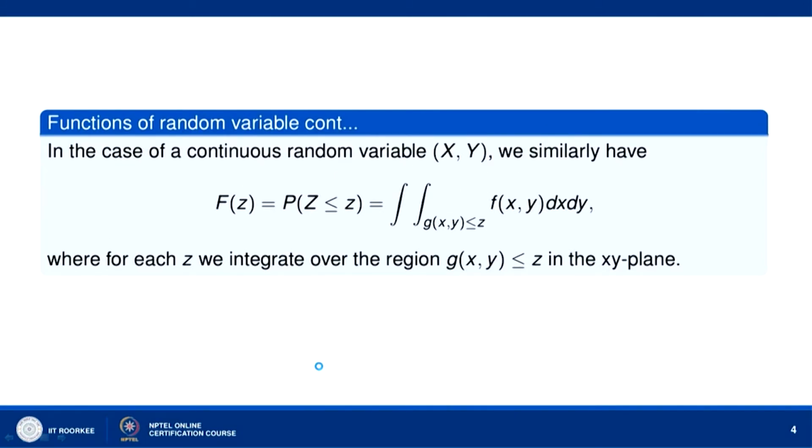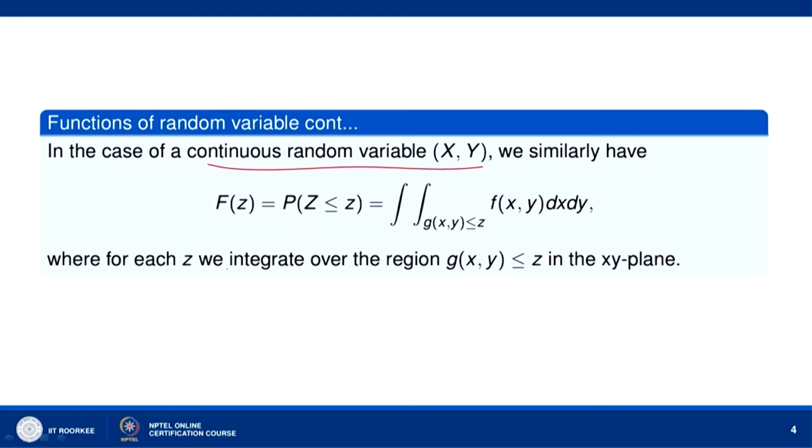Now, functions of random variable, if you consider here continuous random variable (X, Y). We earlier discussed the discrete case. Now, let us consider the case of continuous random variable (X, Y). So, we similarly have F(z) equal to probability that Z is less than or equal to z. We integrate over all those values of (x, y) which satisfy the inequality g(x, y) less than or equal to z, f(x, y) dx dy.